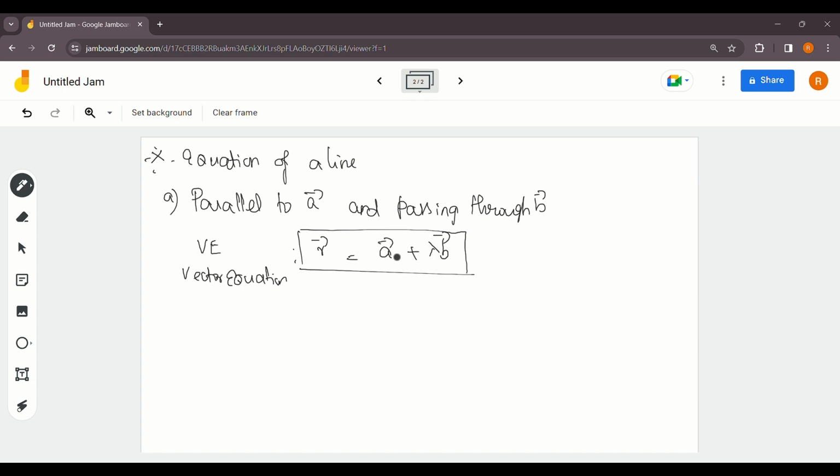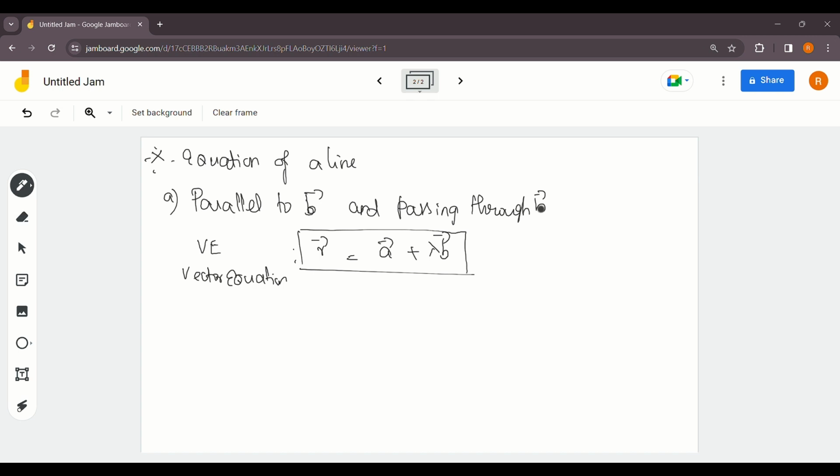I mean, parallel to, wait. So I have written wrongly here. I'm sorry. Now I will be changing it. Parallel to, I have written it wrongly. So parallel to, it is B vector actually. Parallel to B vector and passing through A vector.